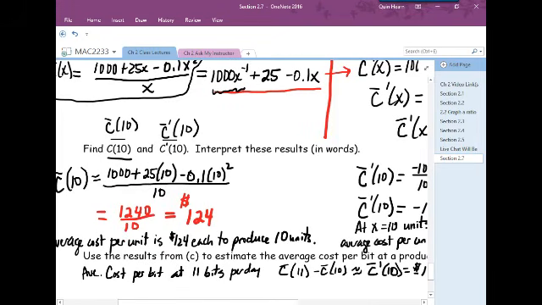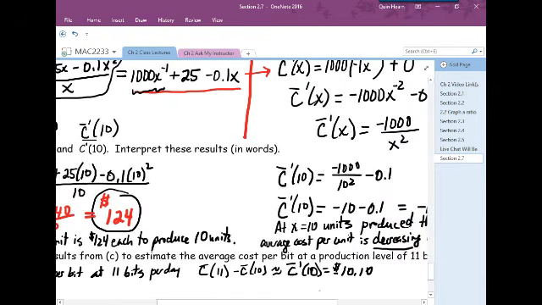So if at 10 it was 124, then we would have 124 minus 10.10 would be the average cost per unit, approximately. And that is going to be what? 114 minus 10 cents, 113.90.